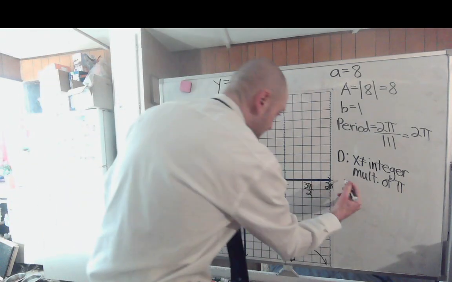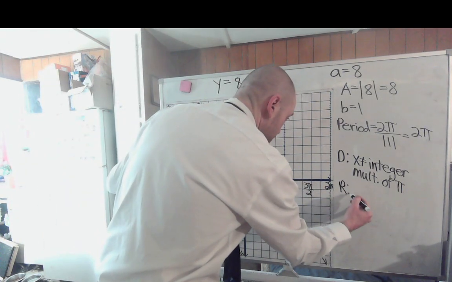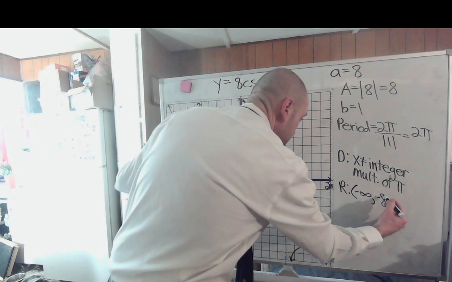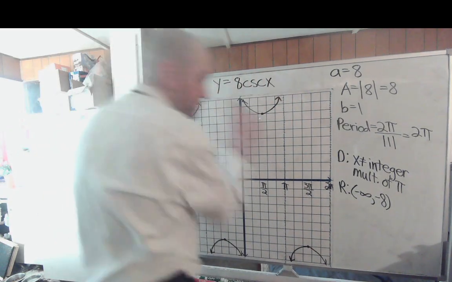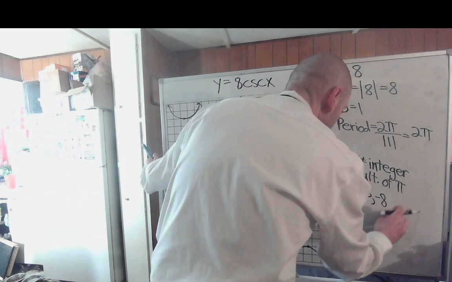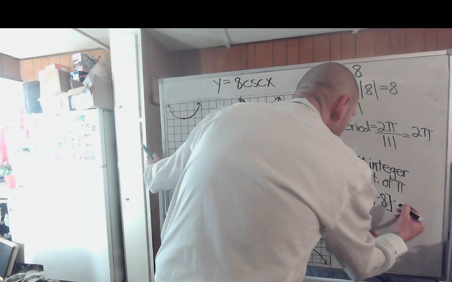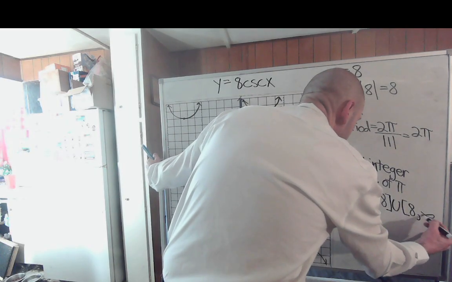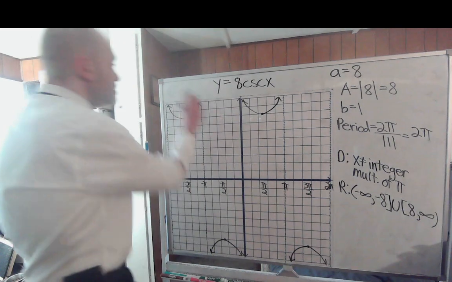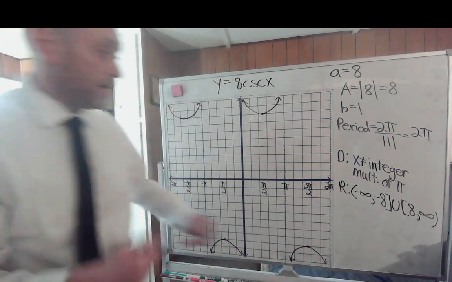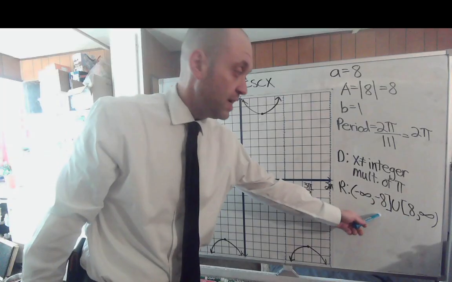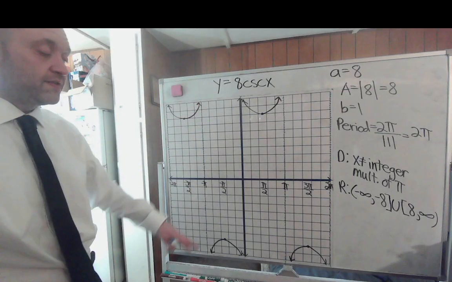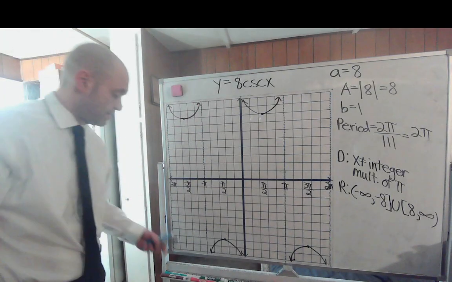The amplitude affected your range, so your range is going to be from negative infinity to negative 8, inclusive, in union with positive 8 to positive infinity. So there is your range, negative infinity to negative 8, and then from 8 to infinity. All numbers between negative 8 and positive 8 are not included in your range.